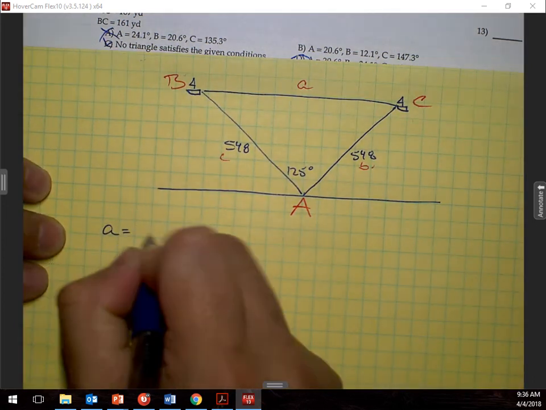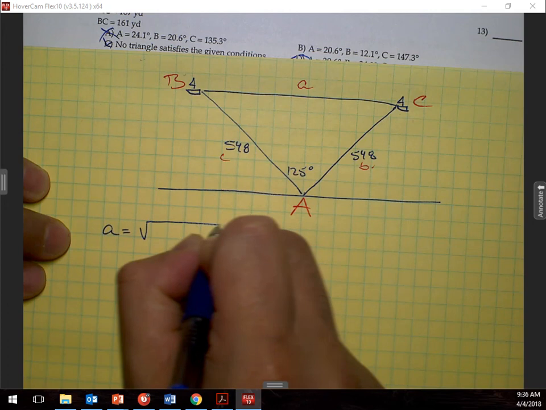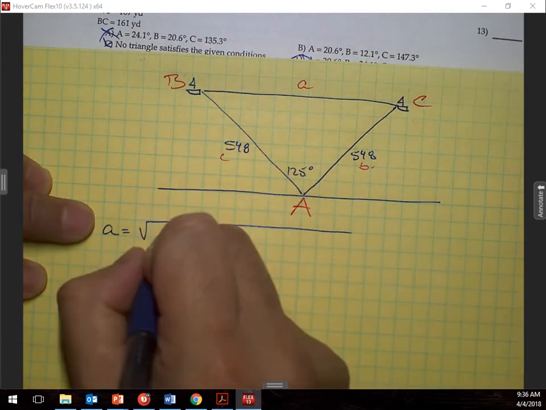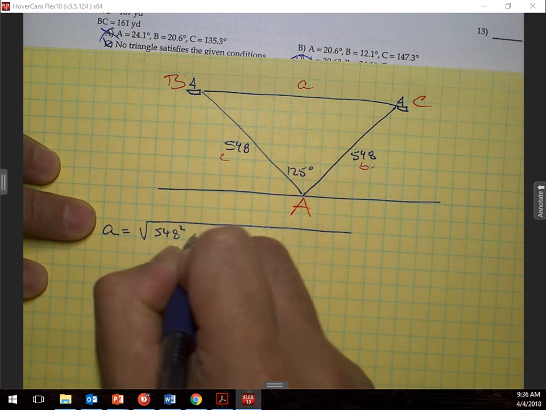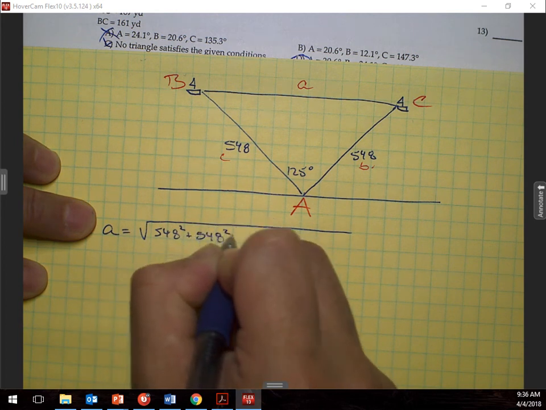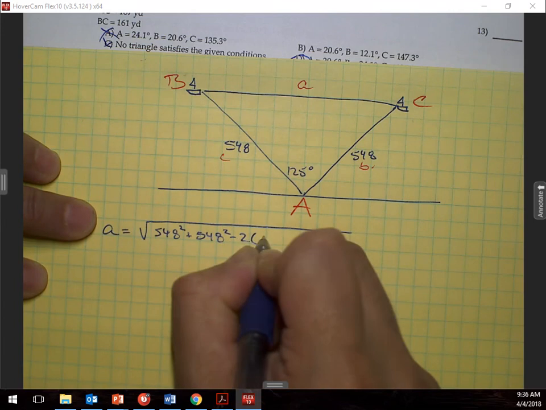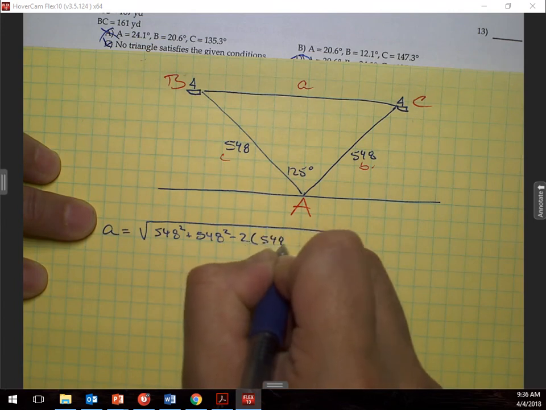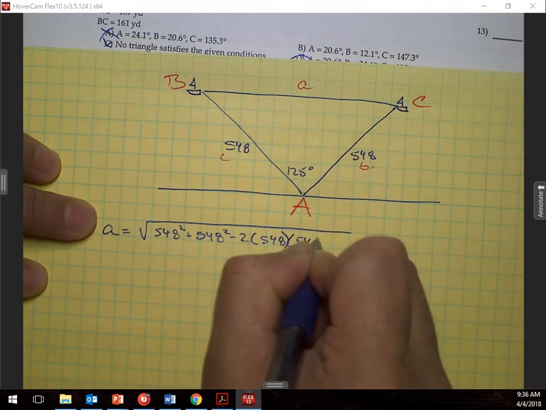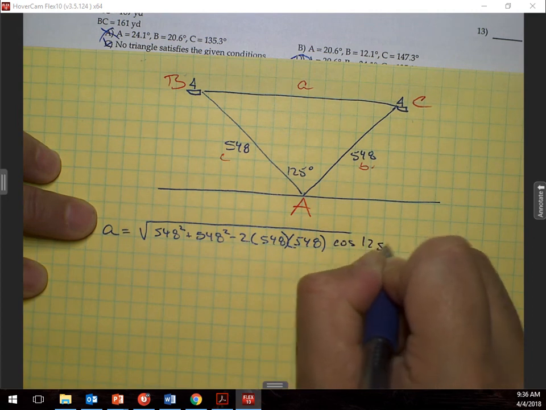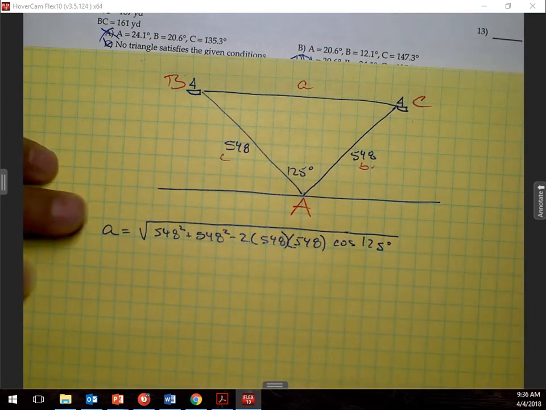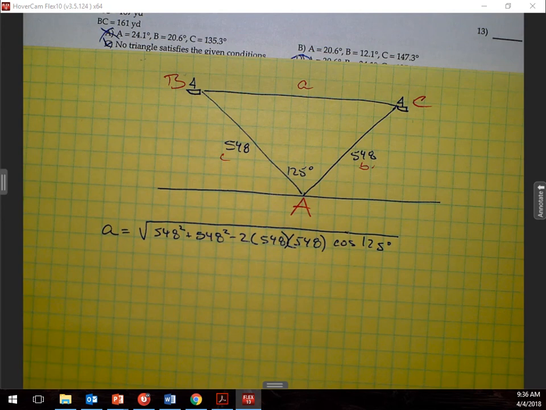Little a is equal to the square root of 548 squared plus 548 squared minus 2 times 548 times 548 times cosine 125. And we plug that into our handy dandy calculator.